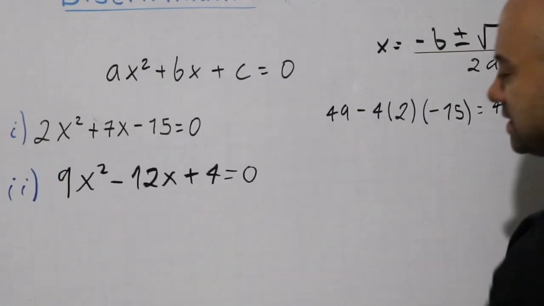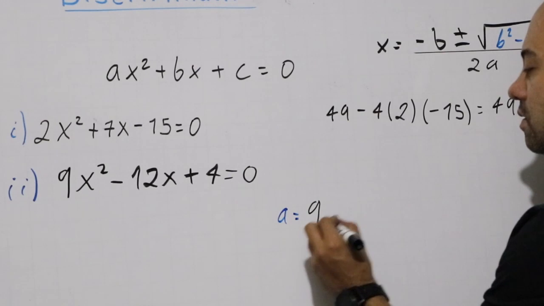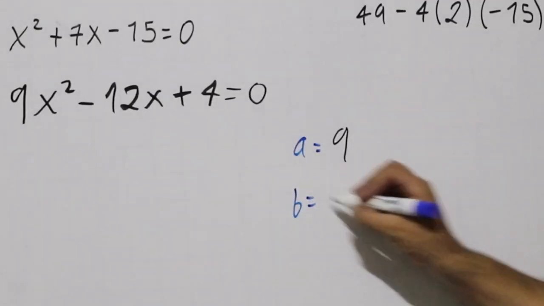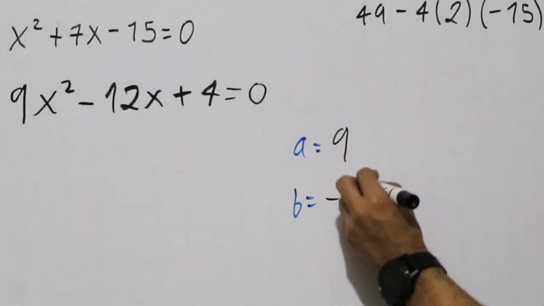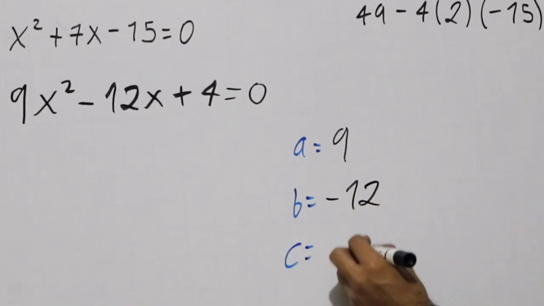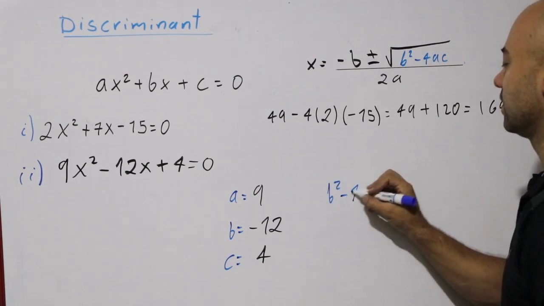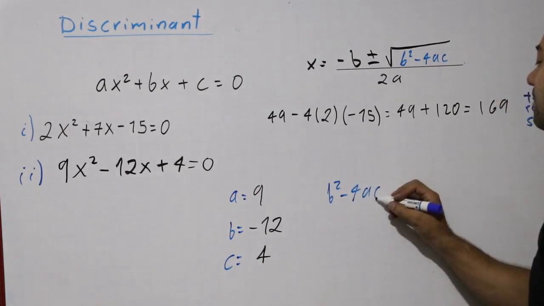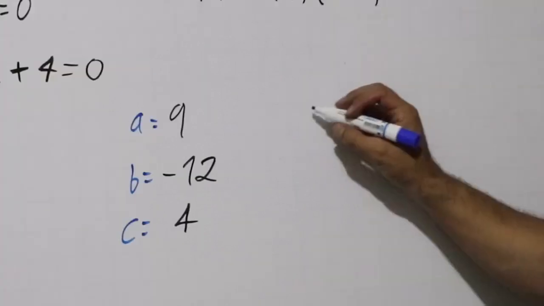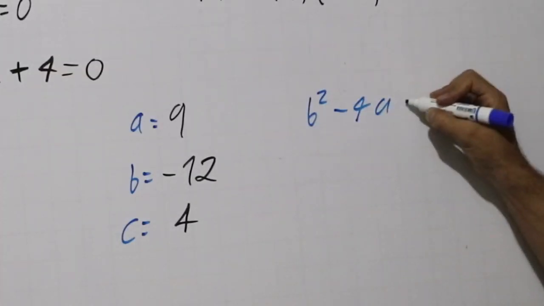Now we have this equation, and we have that a is equal to 9, b equal to minus 12, and c equals 4. Again, let's remember the formula is b squared minus 4ac.